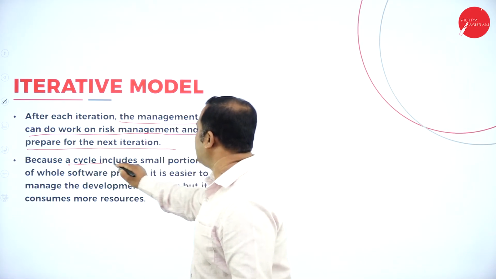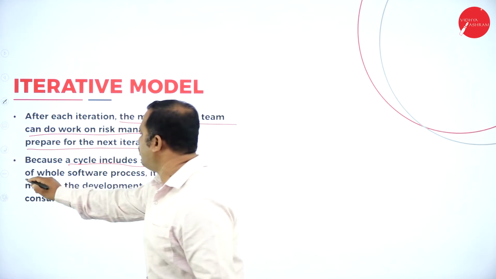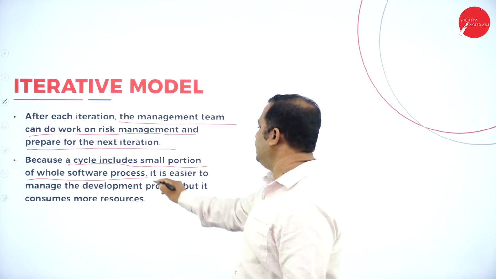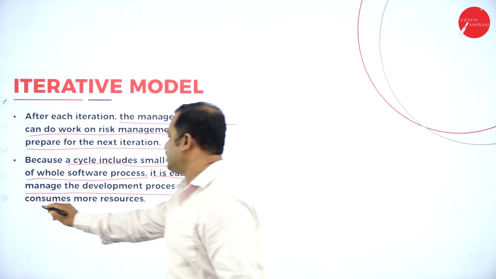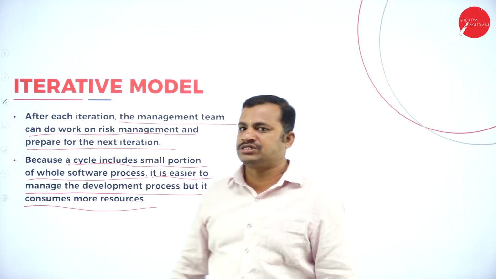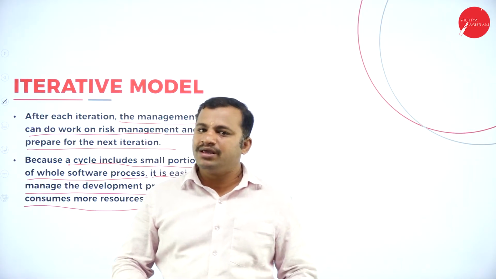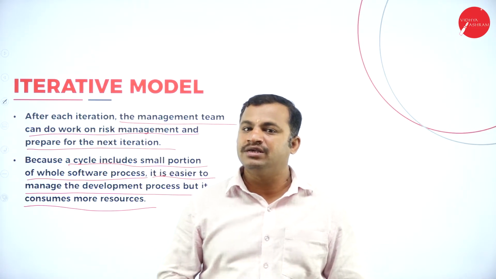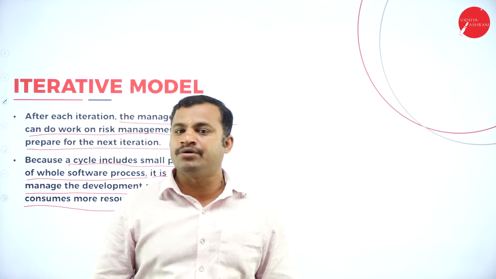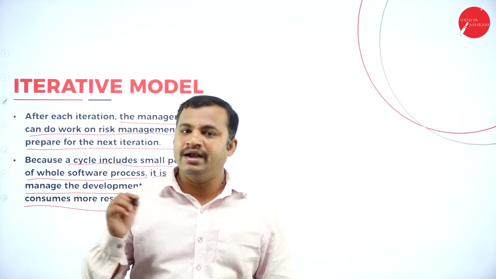Because a cycle includes a small portion of the old software process, it is easier to manage the development process but consumes more resources. It is very easy to incorporate but consumes more resources. That is a very important thing you need to understand in case of the iterative model.